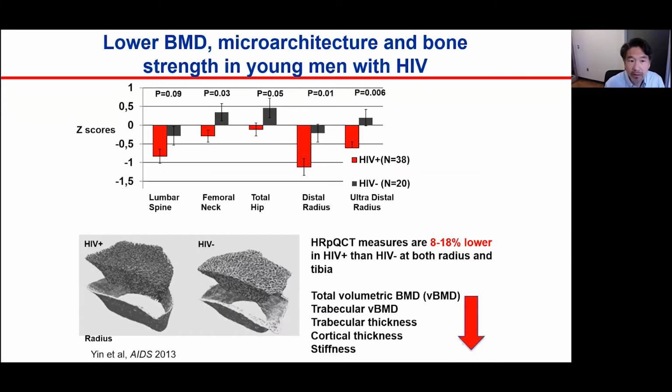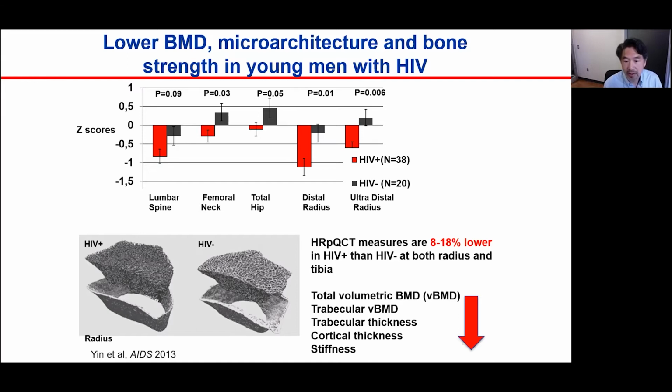We found that in comparison to the controls, both groups of HIV positive individuals had lower bone density by DEXA, and in this case, we're presenting the Z-scores. And by using the high resolution CT method, we found that they had between 8 to 18% lower parameters in terms of total volumetric bone density, trabecular bone density, trabecular thickness, and cortical thickness than the HIV uninfected controls.